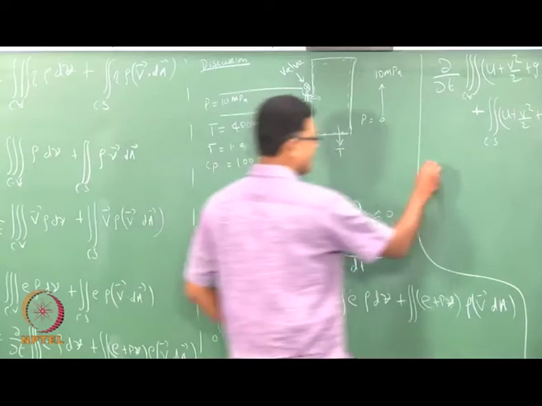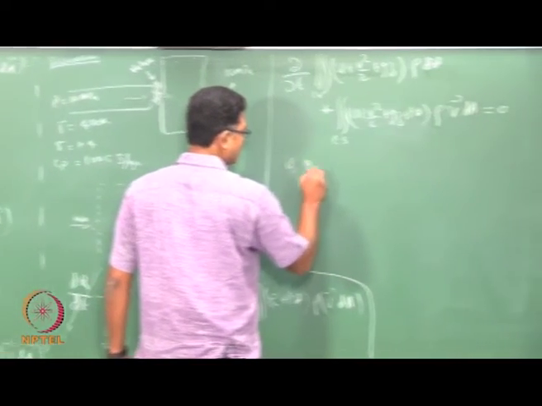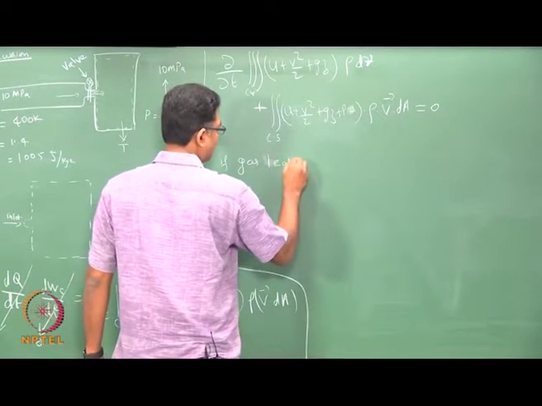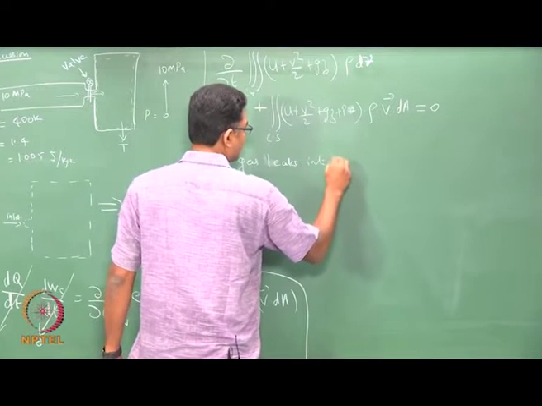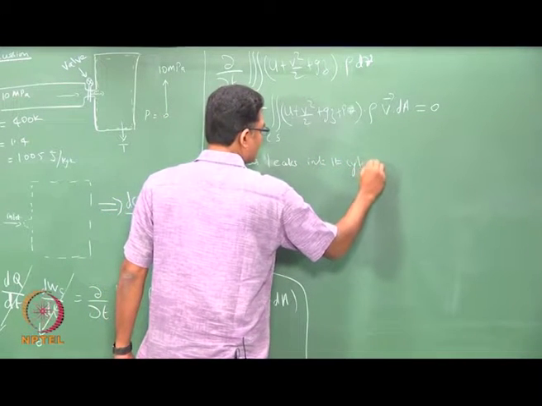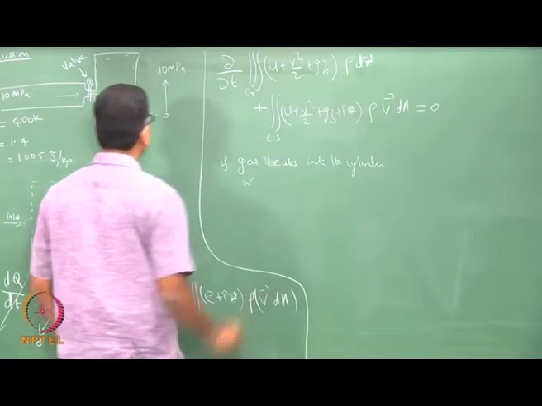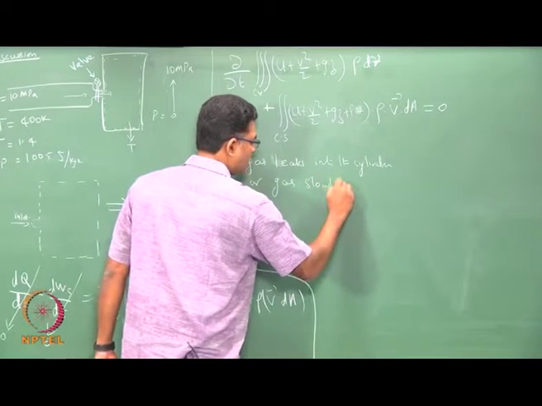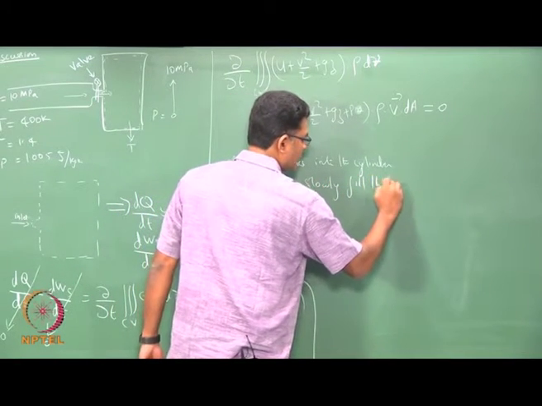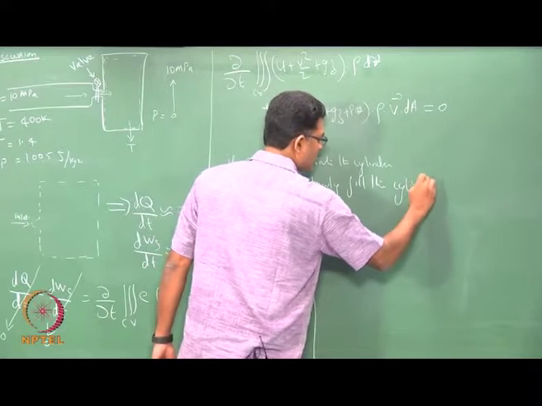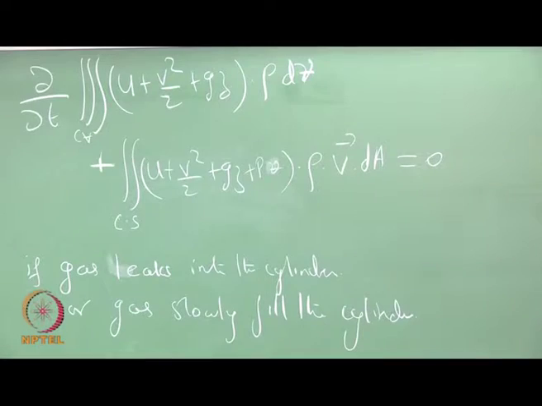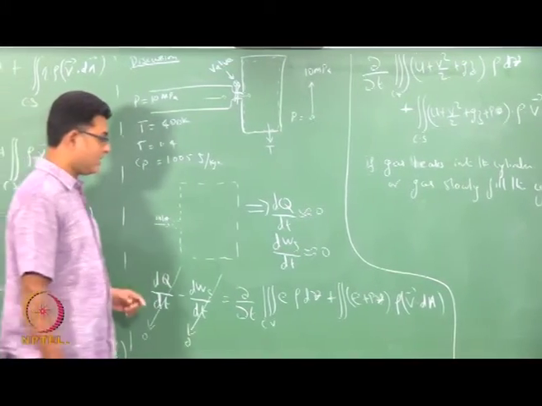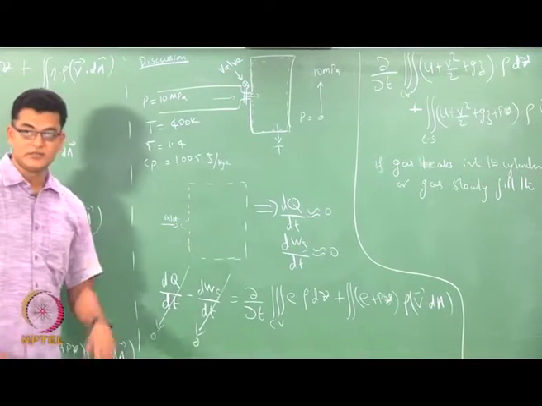Now, if the gas slowly fills the cylinder, the velocity inside the control volume is 0.